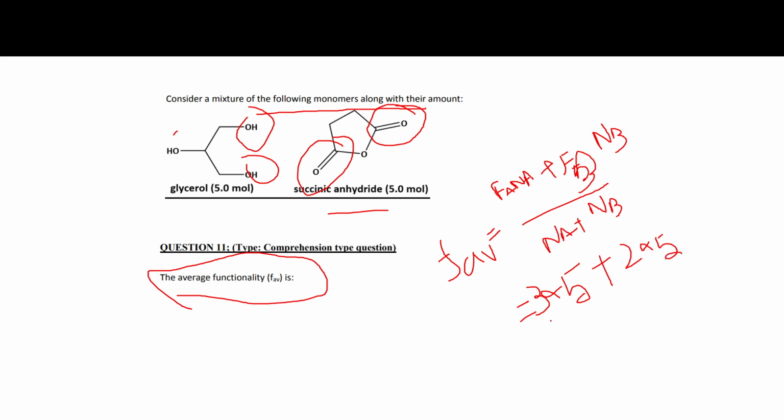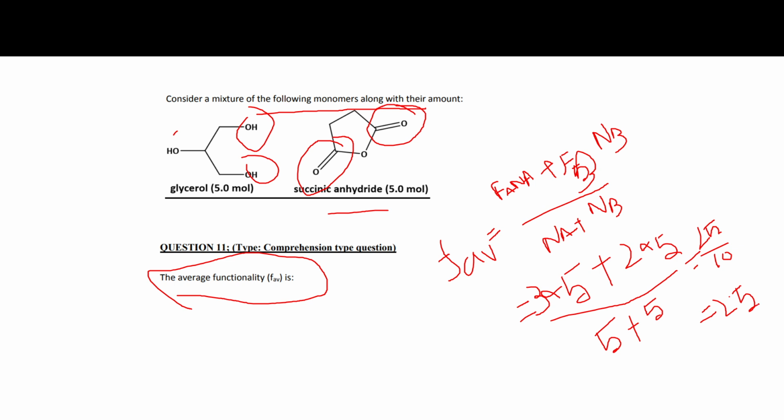Now the total number of moles: 5 plus 5, because glycerol is 5 moles and succinic anhydride is also 5 moles. So the numerator will be 15 plus 10, which is 25, divided by 10. So your average functionality will be 2.5. Right? Yeah.